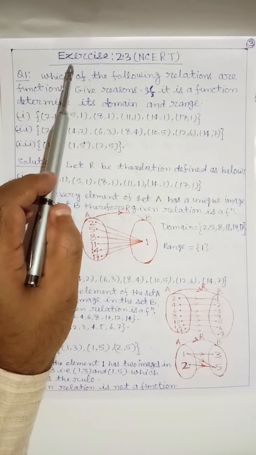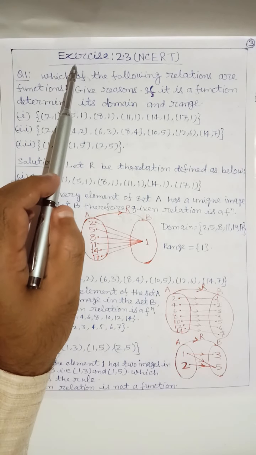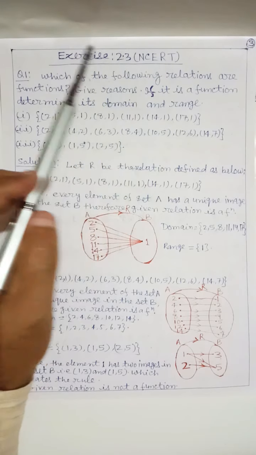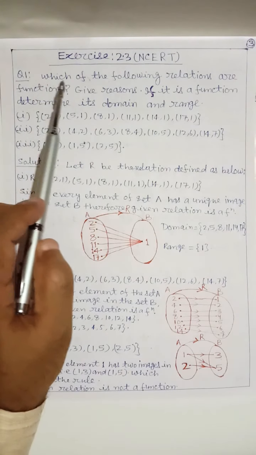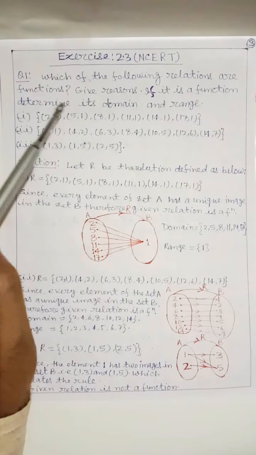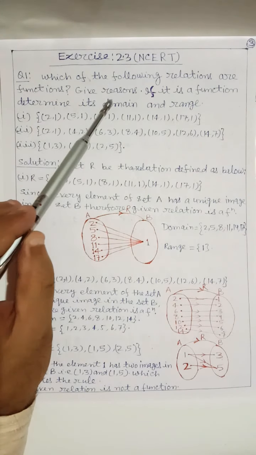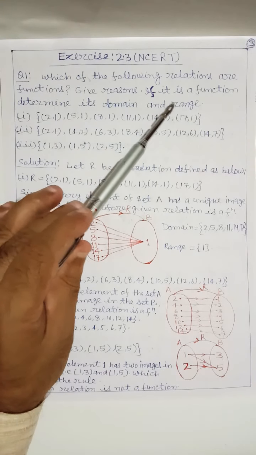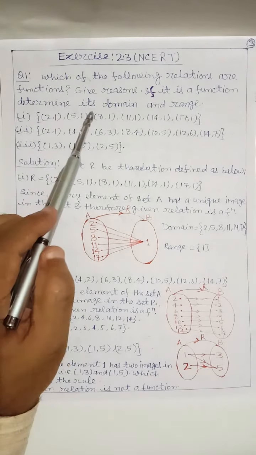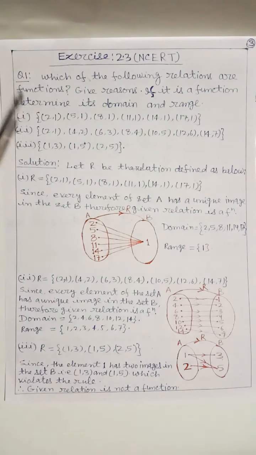Now we will discuss the solution of the questions of exercise 2.3 from NCERT. Question 1. Which of the following relations are functions? Give reasons. If it is a function, determine its domain and range.